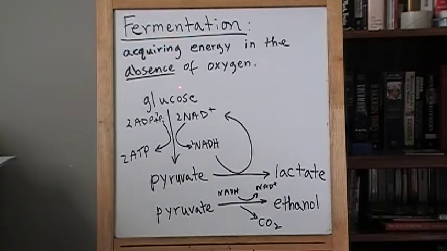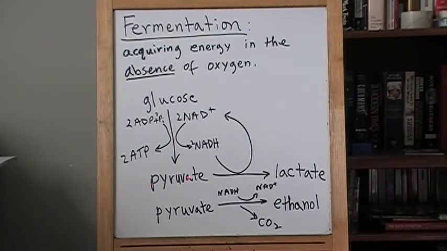So in fermentation, you start out the same way with glycolysis. So here's our friend glycolysis, and we're starting with glucose, oxidizing it to form pyruvate, and that generates the reduced cofactor and some ATP.